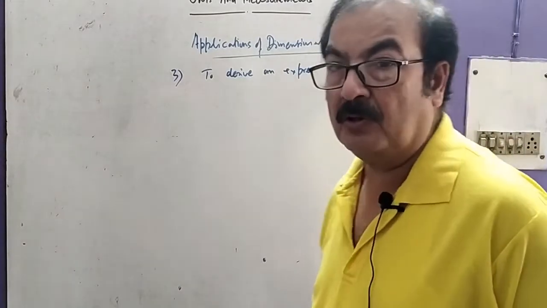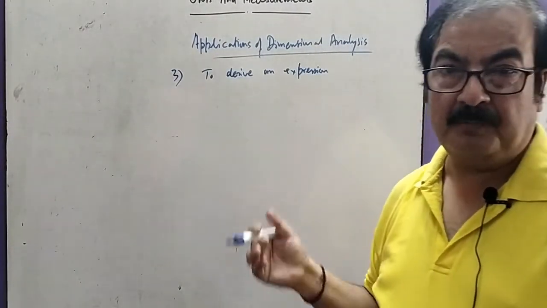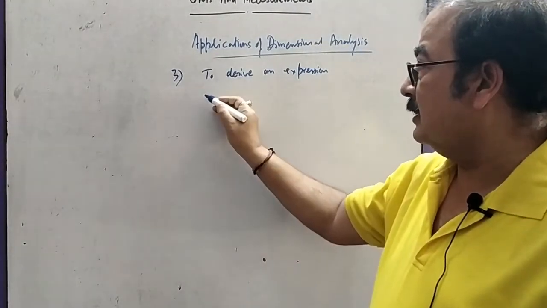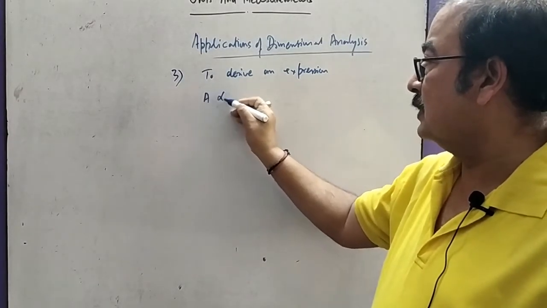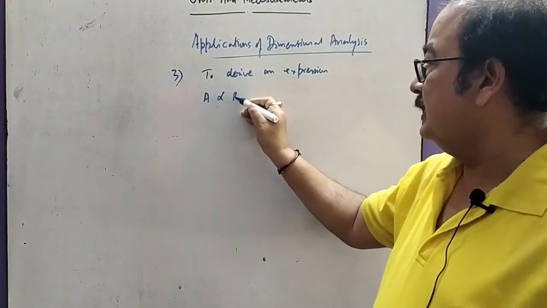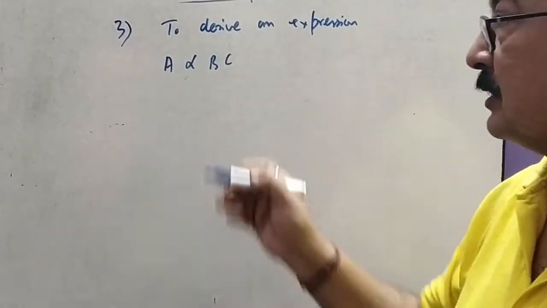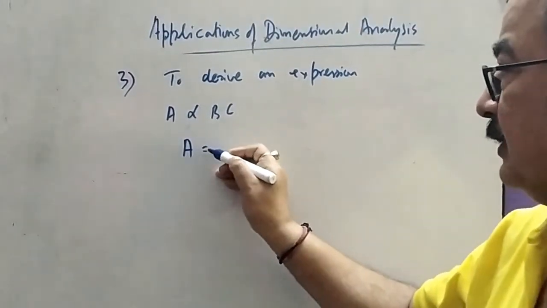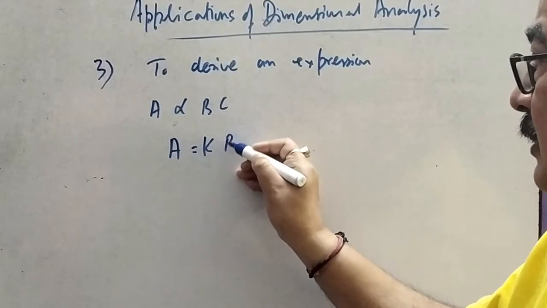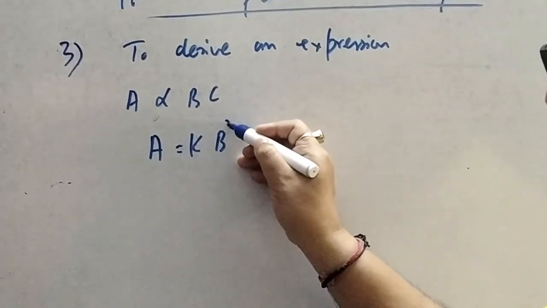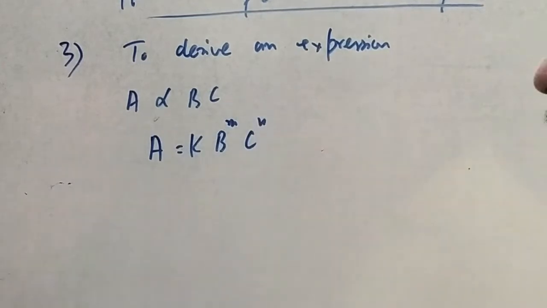Here we have the formulation part. Suppose we say A is proportional to B and C. How do we write the equation for A? We write A equal to K B to the power m and C to the power n.